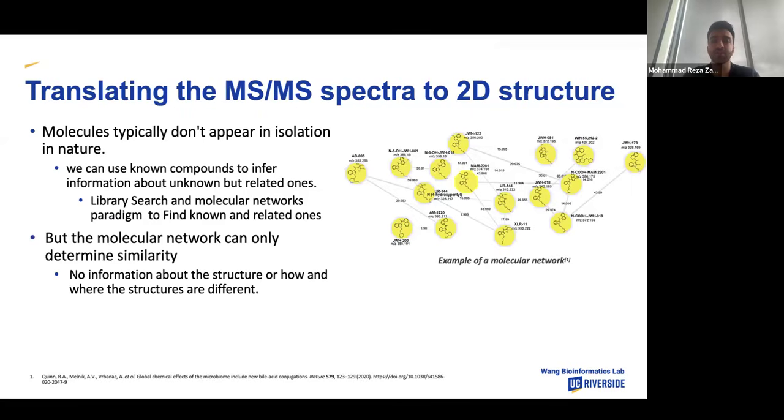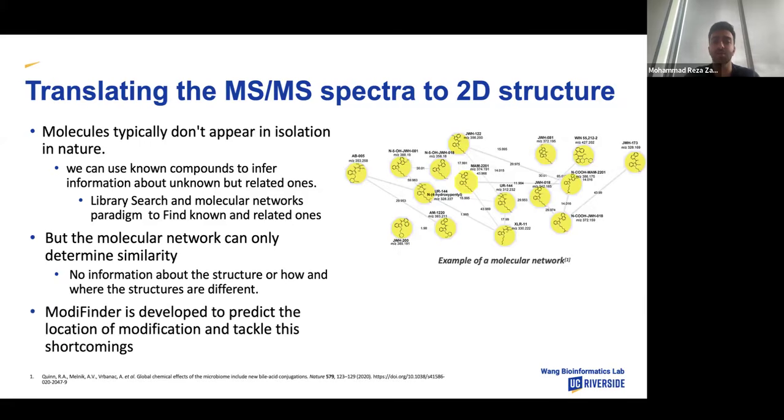However, a molecular network itself cannot determine the structure. It can only determine the similarity between two compounds. So here is where Modifinder is developed, to predict the location of modification from a known molecule to its similar analog.